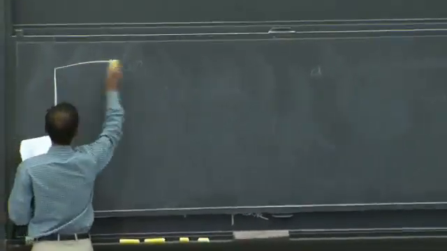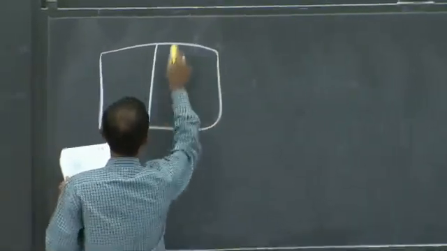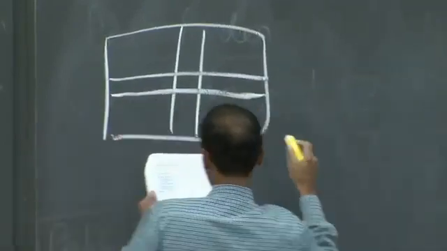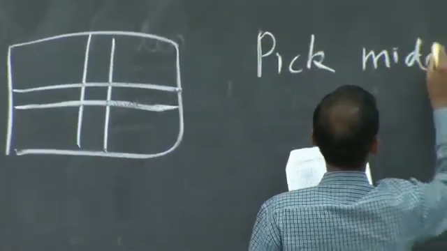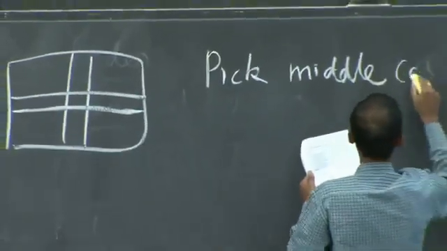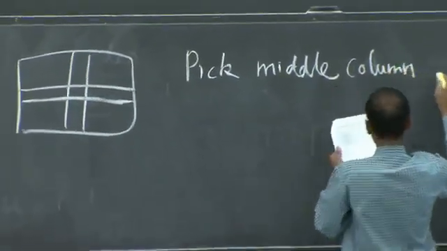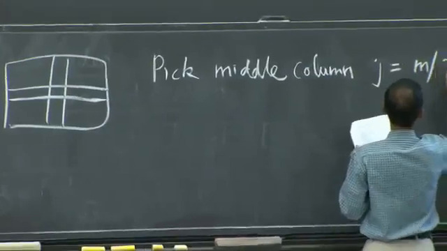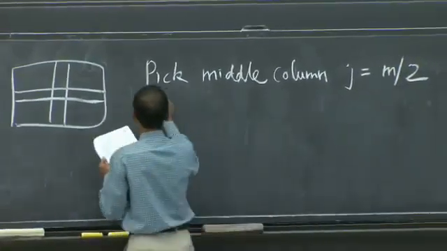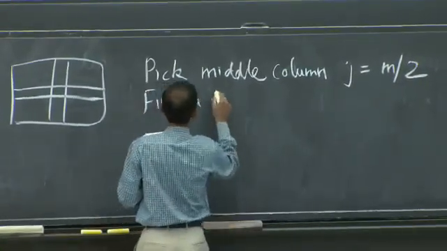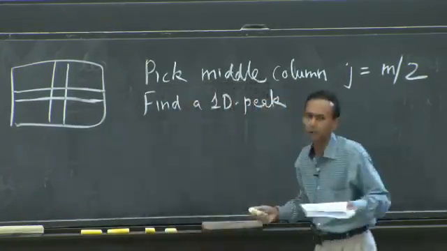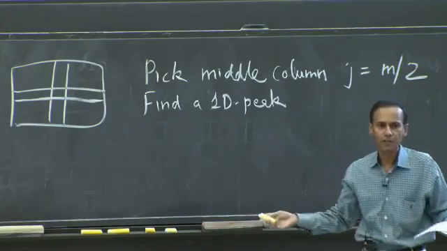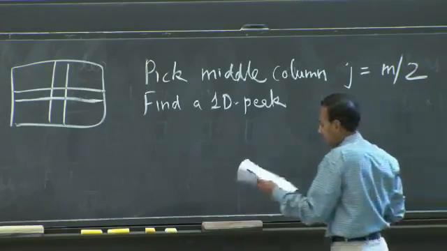So what I'm going to do is pick the middle column, j equals m over 2, and I'm going to find a 1D peak using whatever algorithm I want, and I'll probably end up using the more efficient algorithm, the binary search version.